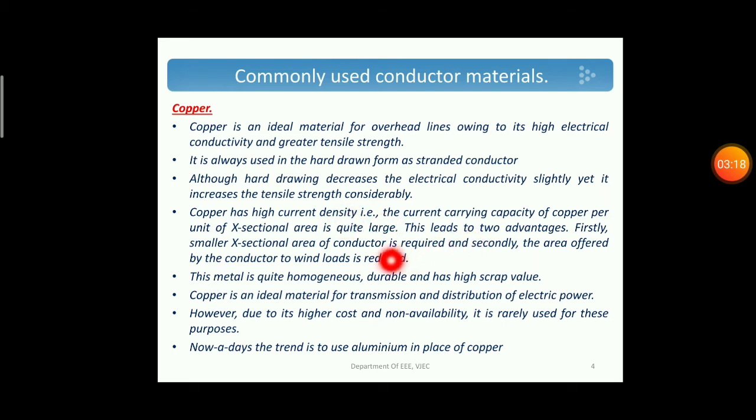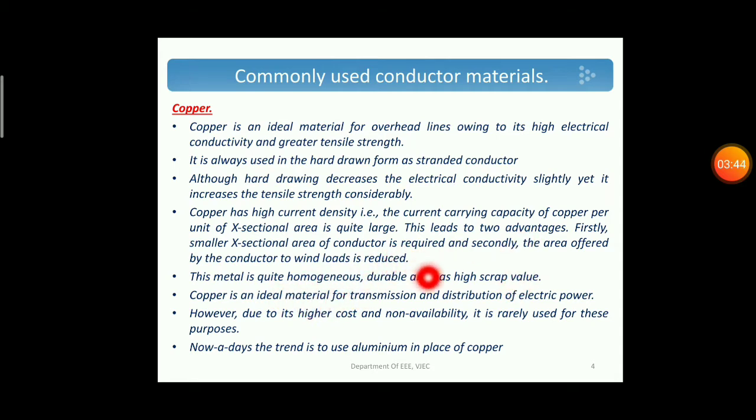As the cross-sectional area of the conductor is less, the force exerted by the wind, or the opposition exerted by the wind, will be reduced. High current density means with small area it will carry more current. This metal is quite homogeneous, durable and has high scrap value.